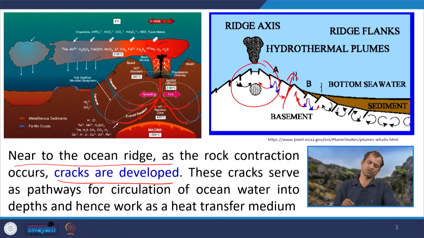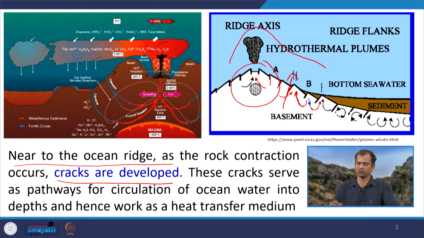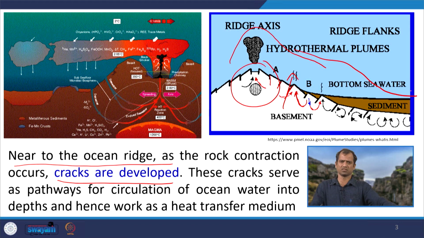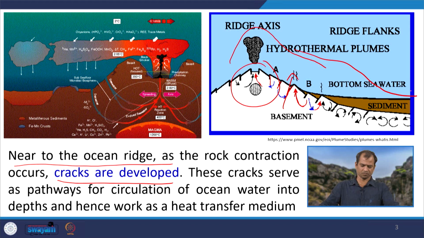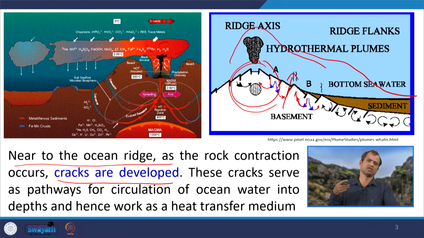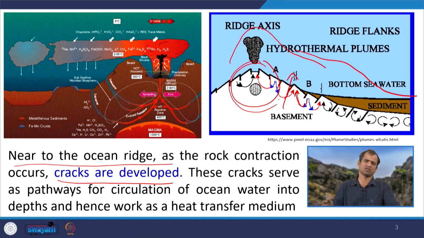So if you take a temperature profile here, you will get a high temperature in this zone, and gradually as you go away from the mid-oceanic ridge, where the circulating system ceases, the temperature will be different. That means at the mid-oceanic ridge, where heat is released by conduction as well as hydrothermal circulation, we experience high heat flow.